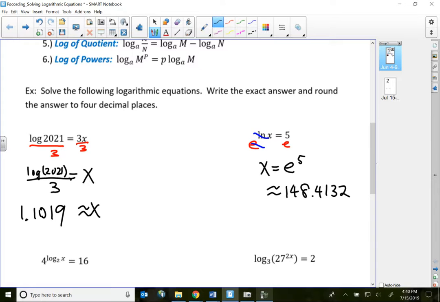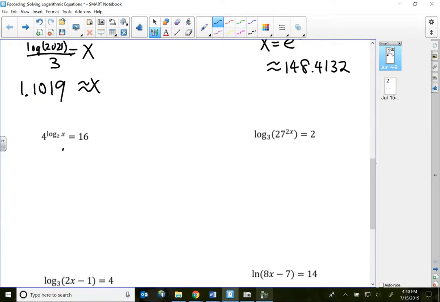Now these two right here are written kind of like exponentials, especially this one on the right. Making the base the same, I can make 16 into base 4. So this is 4 times log base 2 of x equal to 4 squared.